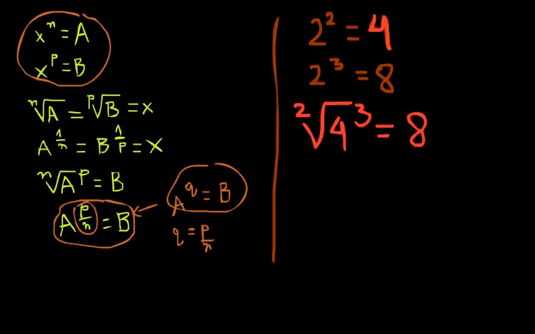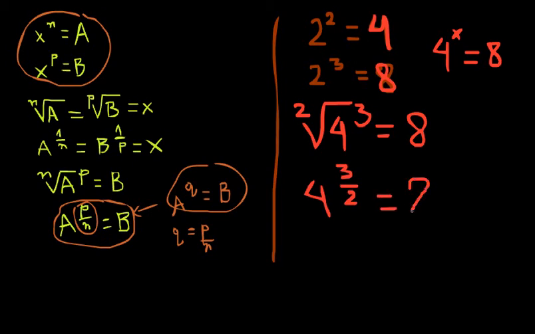So we could be asking 4 to which power gives us 8, and this would be the answer, this here, because it's the same as saying that 4 to the power of 3 over 2 gives us 8.